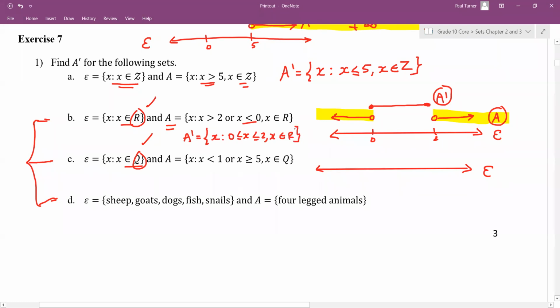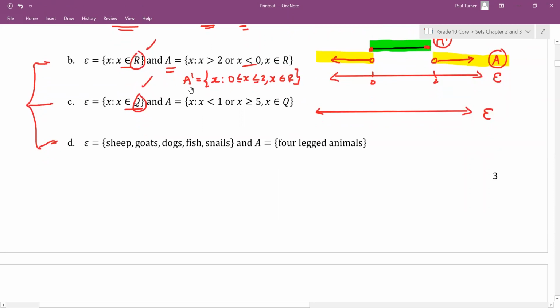Okay, so that's not A. Are you getting it? Hope so. So that means now I've covered all the possibilities. So these are all the real numbers included. A is here in yellow, and not A is in green. And that covers all your possibilities of numbers.